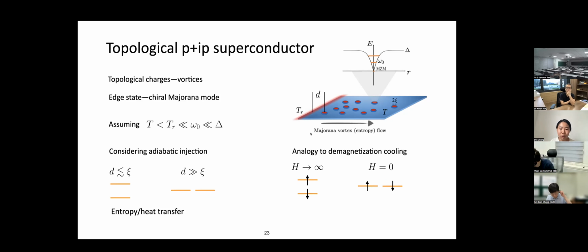So when the vortex is close to the edge, D comparable with the coherence length, the Majorana mode inside the vortex and the Majorana edge mode will hybridize and split. So we have two different energy levels, but when they're far apart, they don't feel each other.